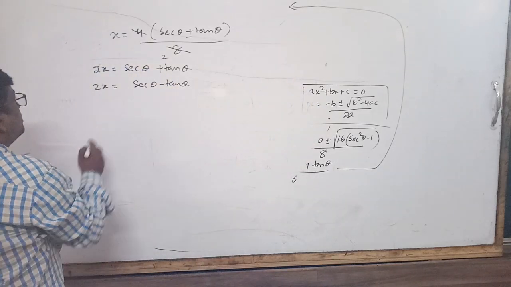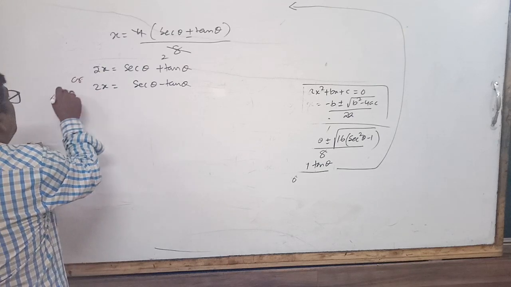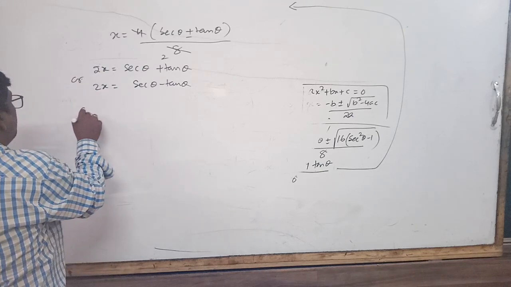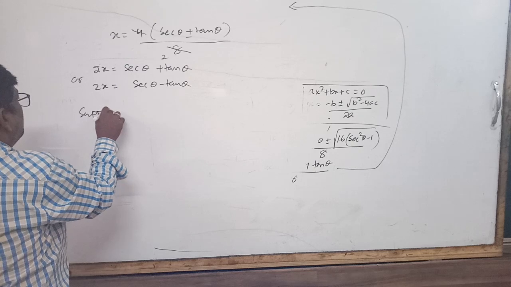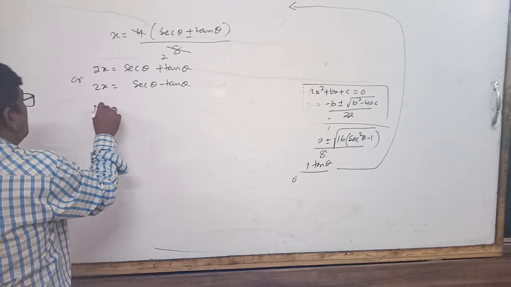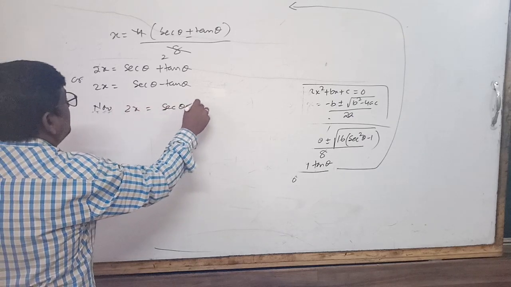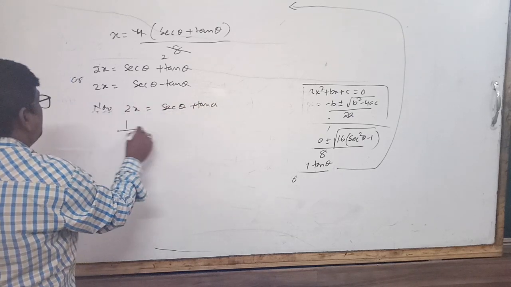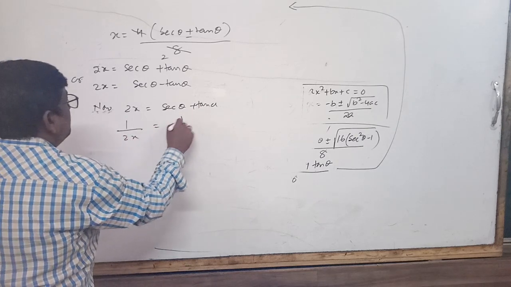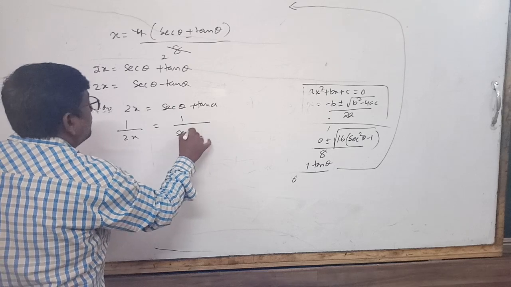Now 1 by 2x is equal to what? Suppose 2x is equal to sec theta plus tan theta, then 1 by 2x is equal to 1 by sec theta plus tan theta.